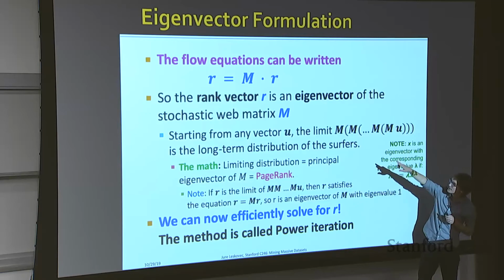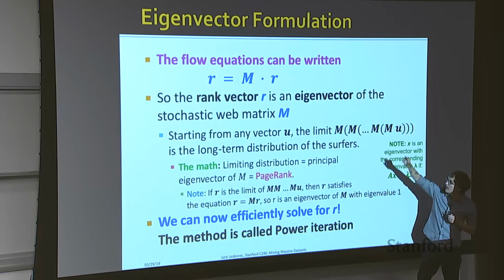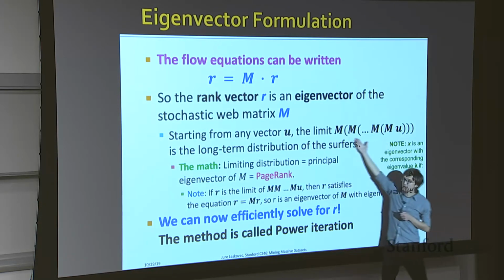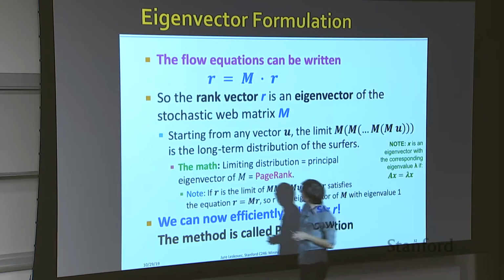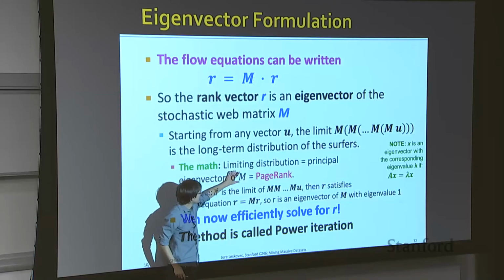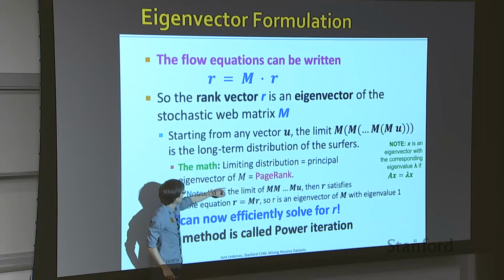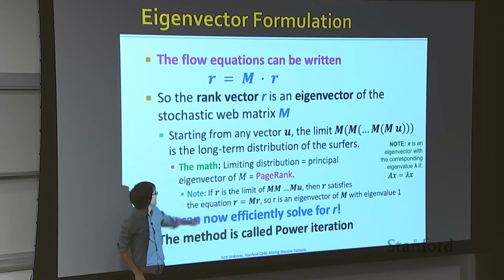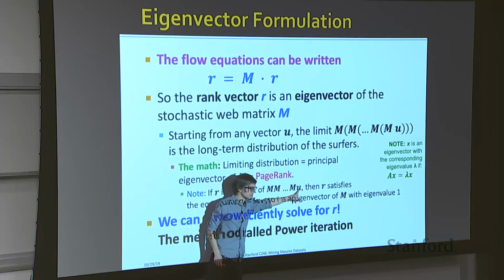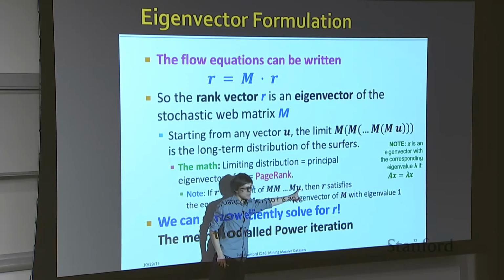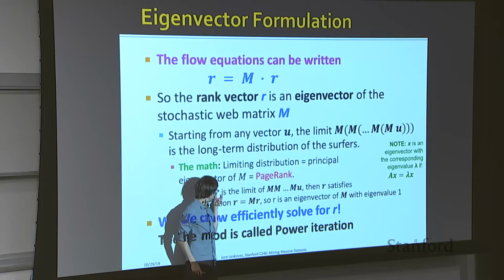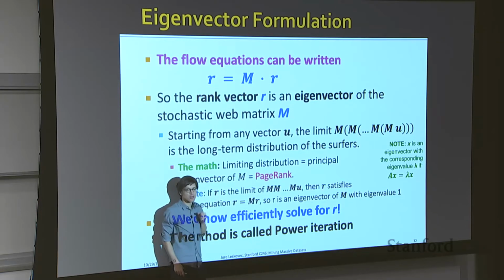If I take r = M·r and unroll that loop, this is what I get. So the limiting distribution is the principal eigenvector of matrix M, which is PageRank. So r is the limit of taking some vector u and multiplying it with M long enough, and I end up with some stationary vector r.